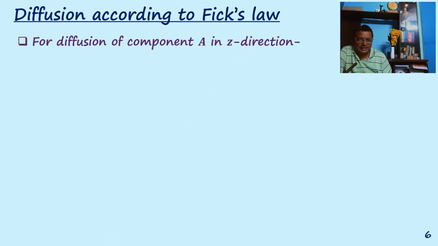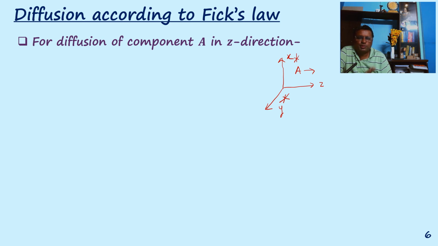Let us say this is x direction, this is z direction, and this is y direction. We are talking about component A diffusing in z direction. Its diffusion in x and y direction is neglected, it is just diffusing in z direction.